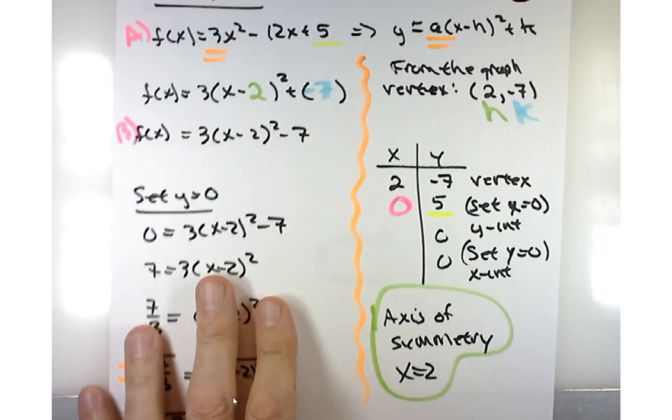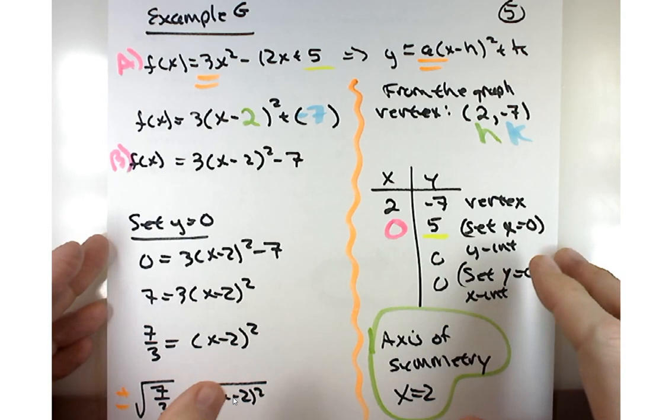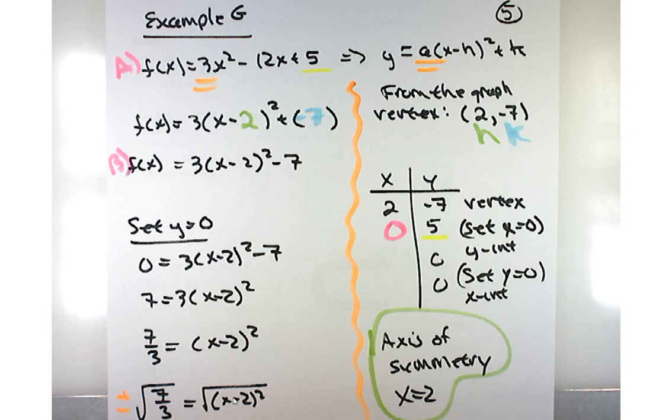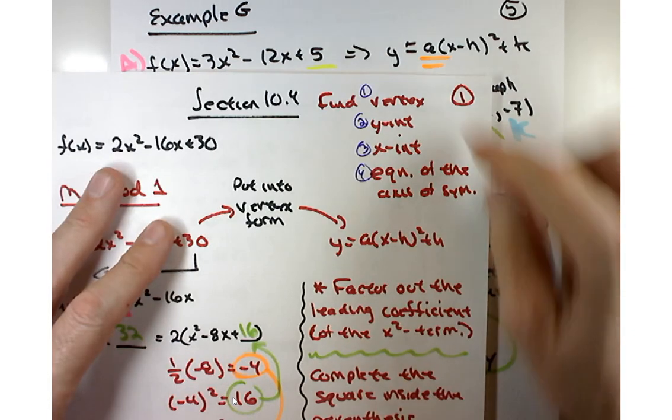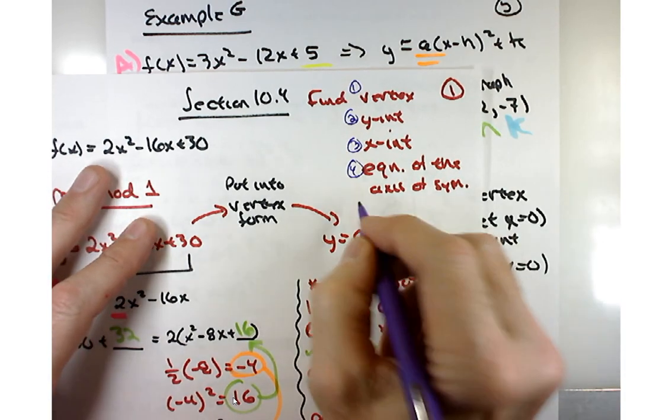All right, so there are a lot of ways you can work on these things. It's up to you to bring together enough of this information so that you can get all 5 of those things that I'm looking for. As a reminder, that's these 4, and then the 5th part would be to graph it.